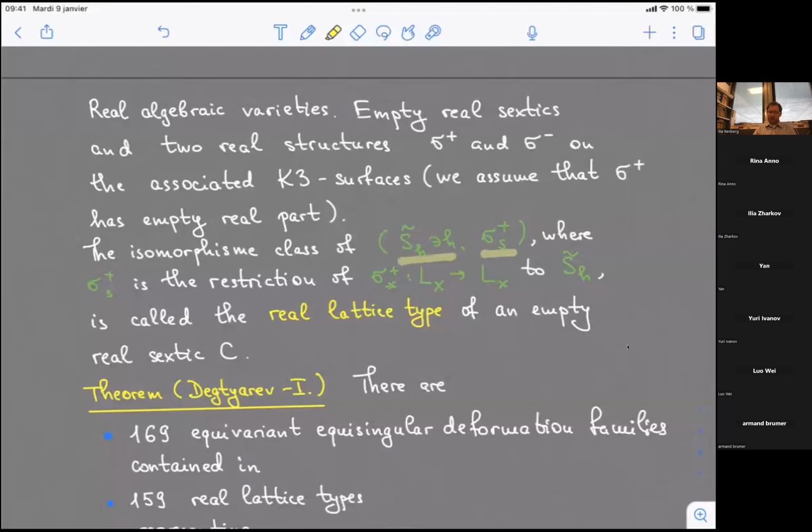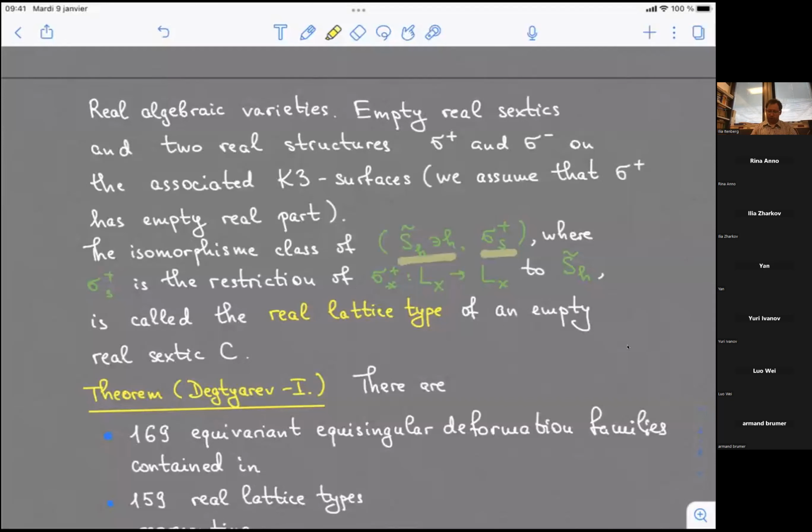So now this two polarized hyperbolic lattice is equipped with an involution, and the result, of course once again considered up to appropriate isomorphism, is called the real lattice type of an empty real sextic.